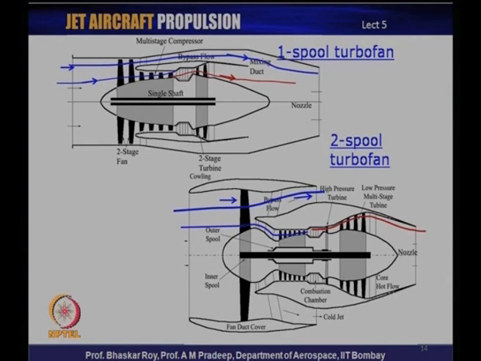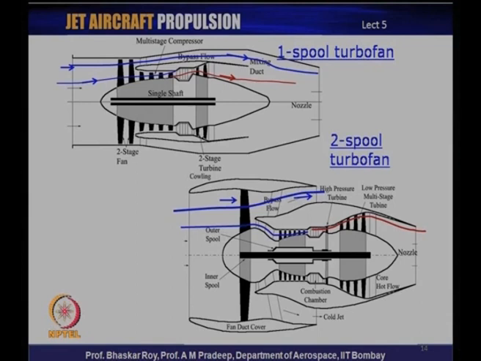A single shaft run by a set of turbines produces sufficient power to run the compressors and the fan in front of the compressors. Now, the fan is a bigger compressor, as we have talked about before, and it is called a fan simply because it is bigger and looks like a fan, but it produces compression as much as or more than actual compressors.